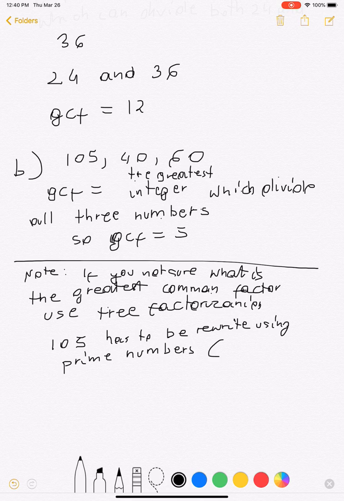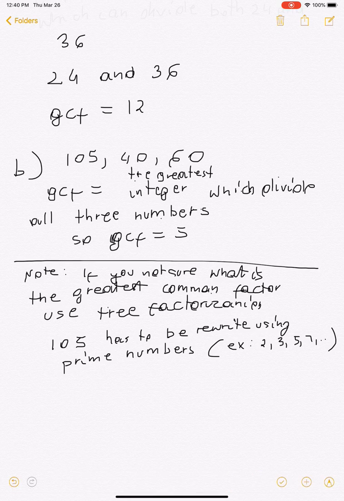So prime numbers are the numbers which can only be divided by 1 and by themselves. Prime numbers, for example, 2, 3, 5, 7, and so on. Again, those are the numbers which can be divided only by 1 and by themselves.